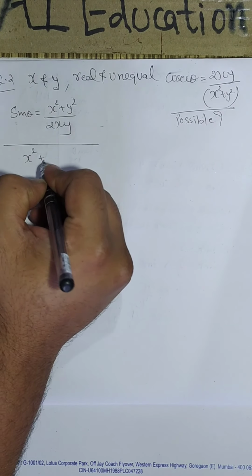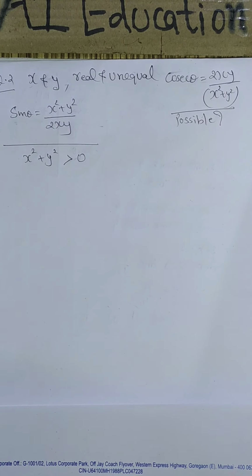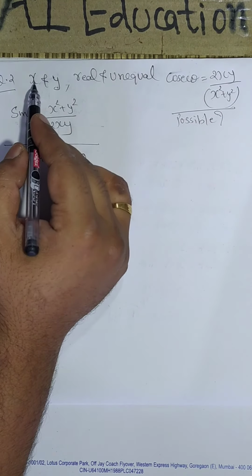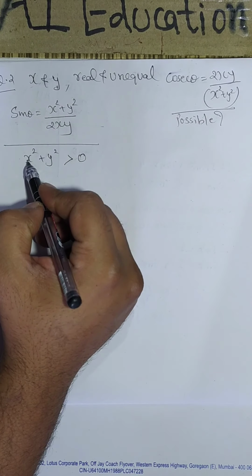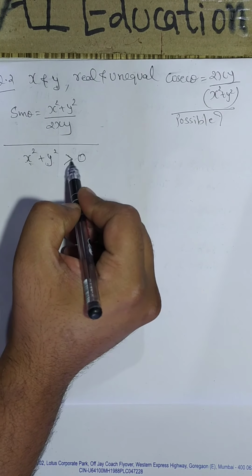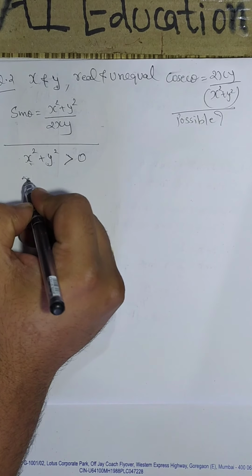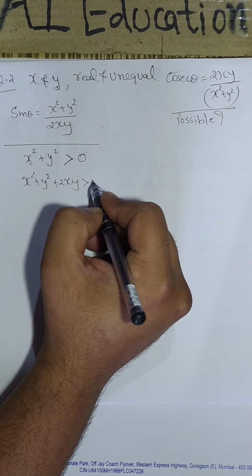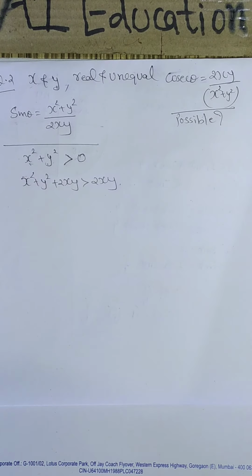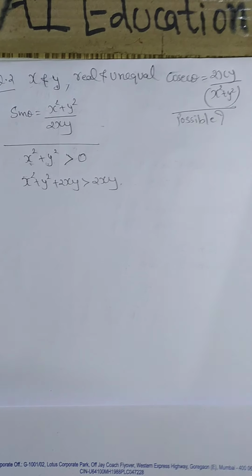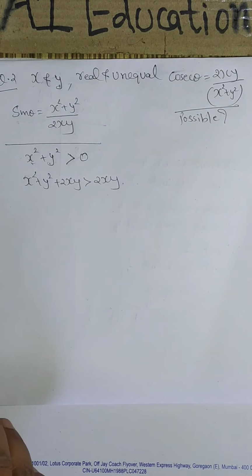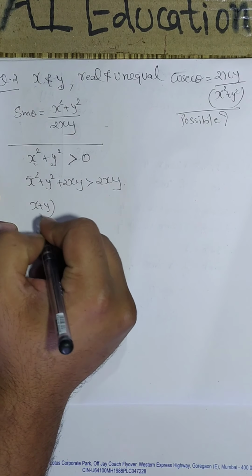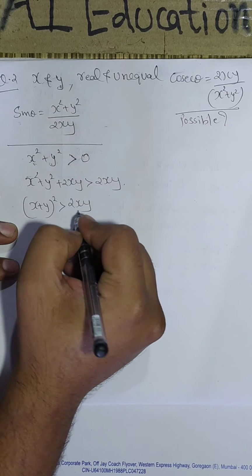Next, x and y are real and unequal, right? So if I square and add them, obviously this will be greater than 0. X and y may be any numbers, but squaring and adding will make them positive. Furthermore, if we add 2xy on both sides, then we can say that x plus y whole square is greater than 2xy.